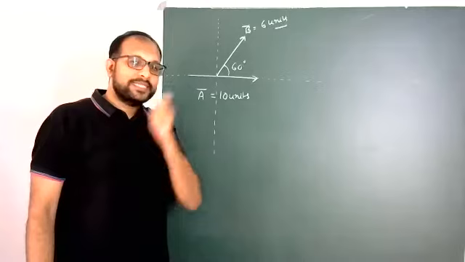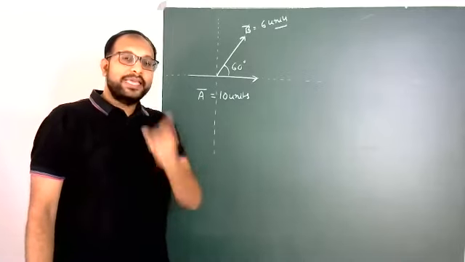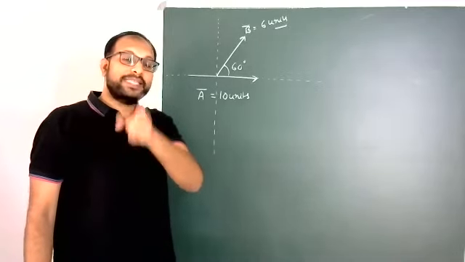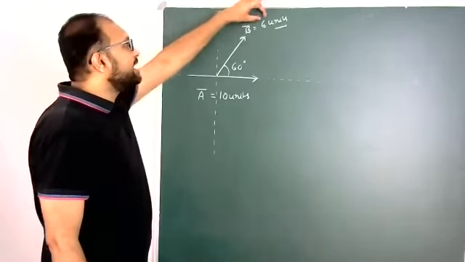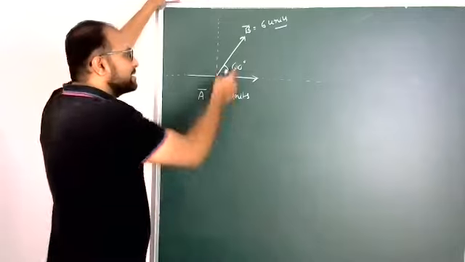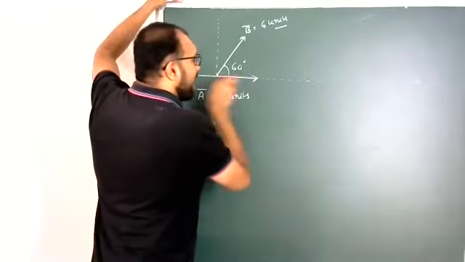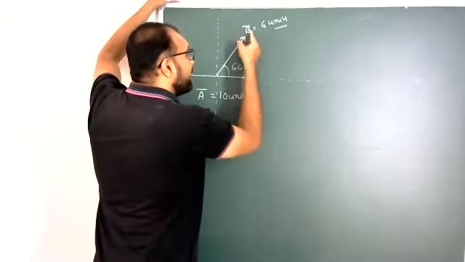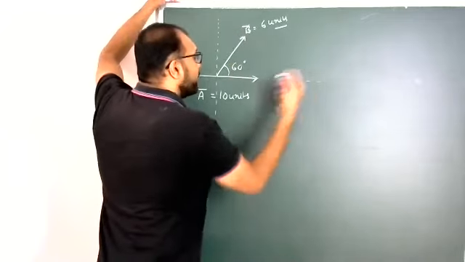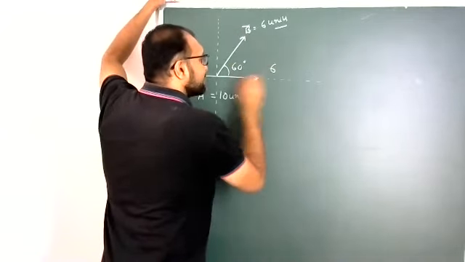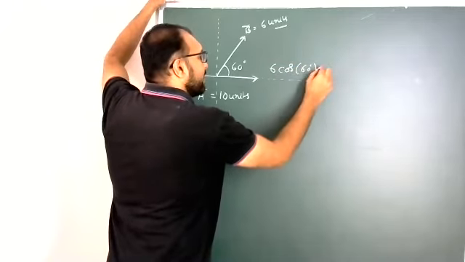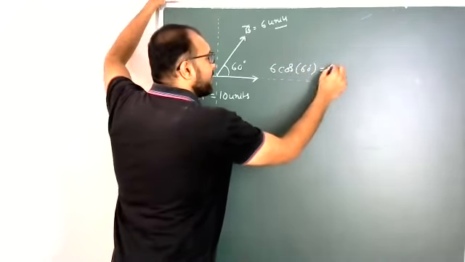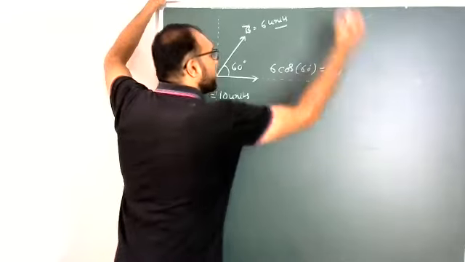Whose magnitude? Which vector are we going to resolve? B. That's why B magnitude, which is 6. This is 60. That's why along A bar, the B bar component is 6 cos 60. Cos 60 is 1 by 2, that's 3 units.